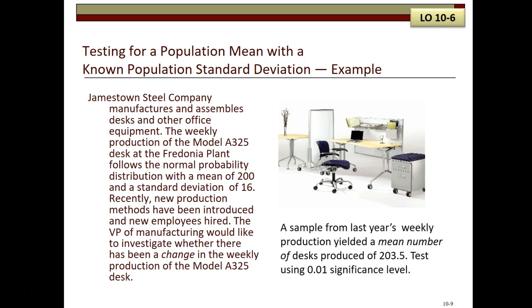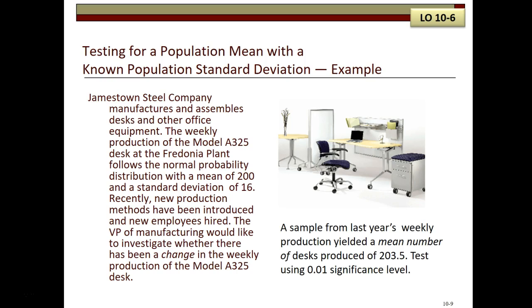We want to see, is that different from the 200? You might be saying to yourself, sure, it's different. It's 203.5, it's more. But is that difference caused by sampling error, or is it because of the changes that we made in production and the new people we hired? That's ultimately what we're deciding.